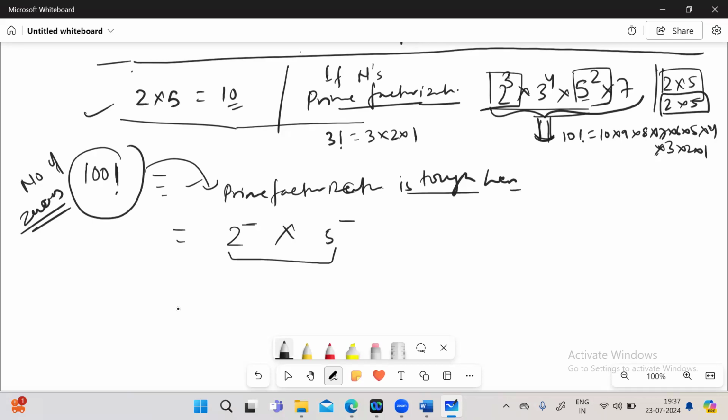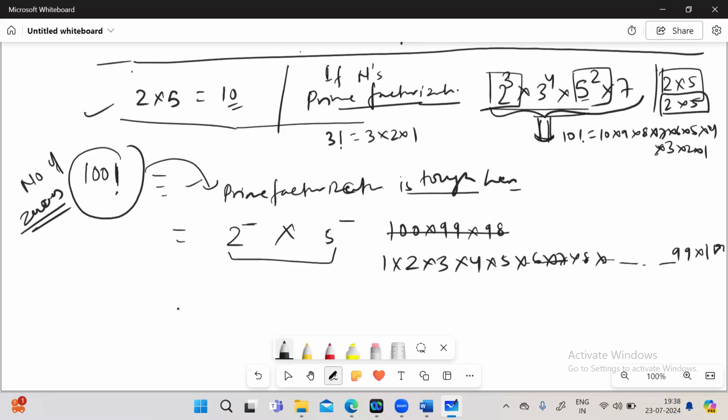So let me write 100 factorial in a straightforward way, in ascending order: 1 into 2 into 3 into 4 into 5 and so on, into 6 into 7 into 8 and so on till 99 into 100.